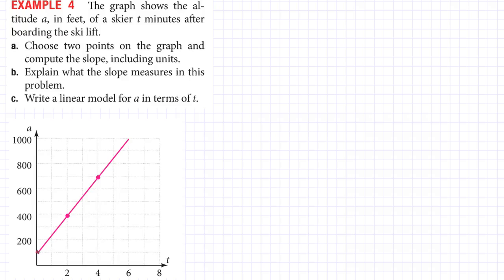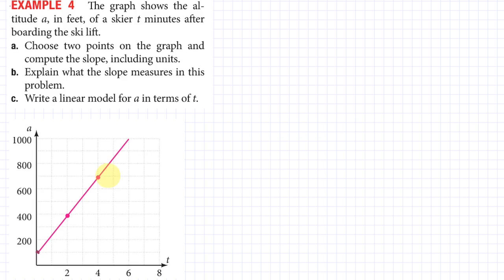Okay, here's another good example where we're going to figure out the slope of this and use that slope, because the slope is the same thing as a rate of change, to get a linear equation for it. So we can choose 2 points on the graph. Let's take this one and this one, the two that are already kind of labeled.